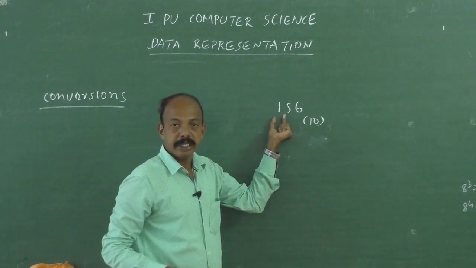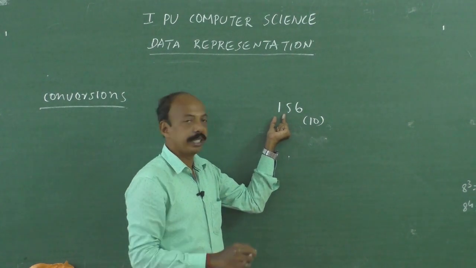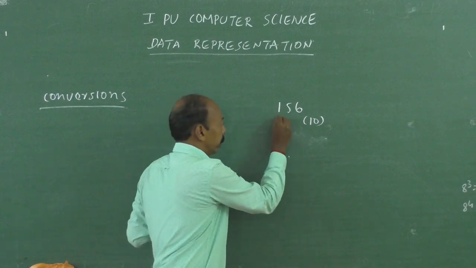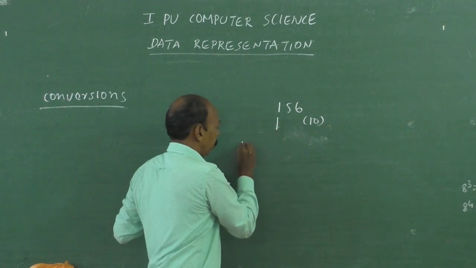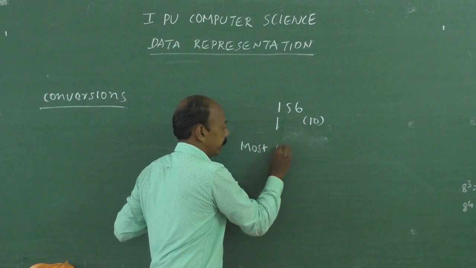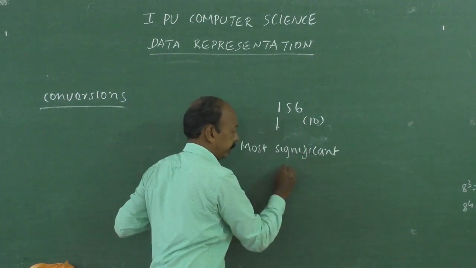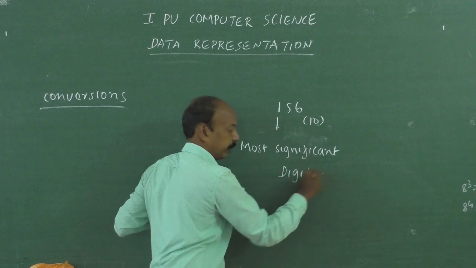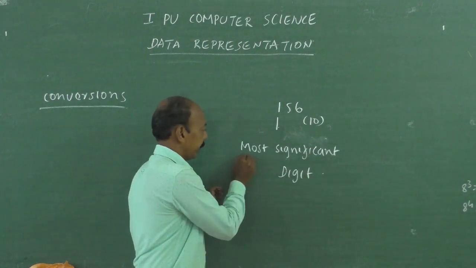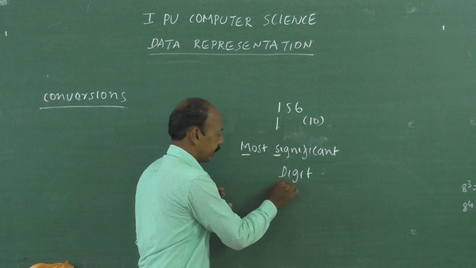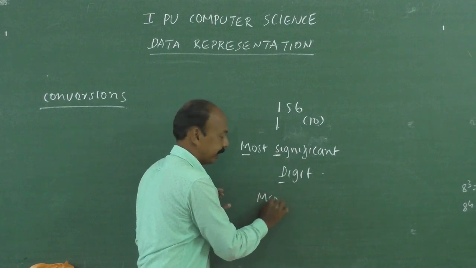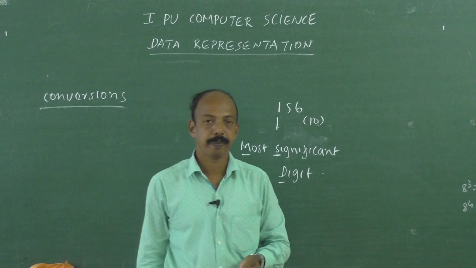The digit which has the highest weight is this one. That's why this is called the most significant digit, that is MSD. In short, it will be written as MSD.